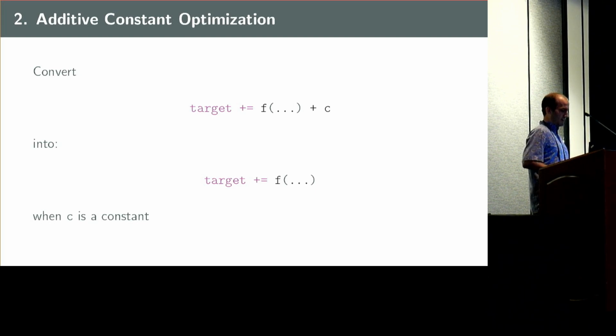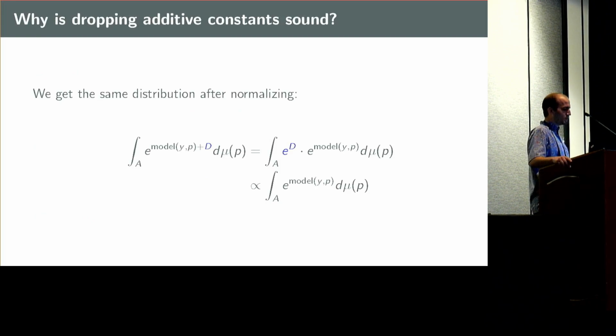Once again, that is very strange if you're used to a normal compiler. For us, we would only drop that constant if c was, say, 0. So why is this okay? Well, again, the denotational semantics says that the probability distribution is only defined up to normalization by a constant.